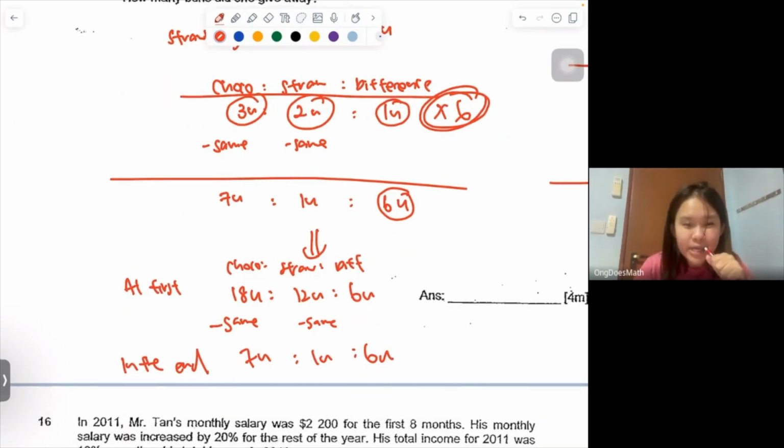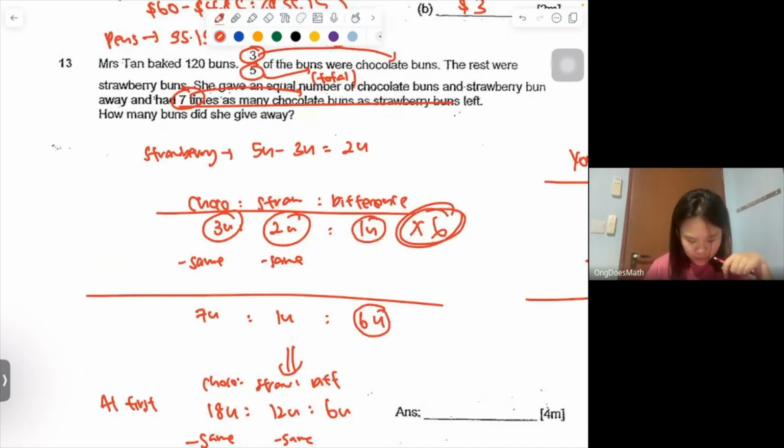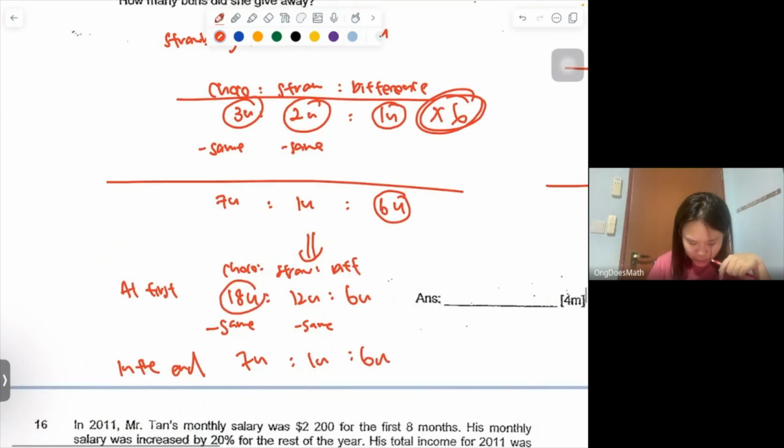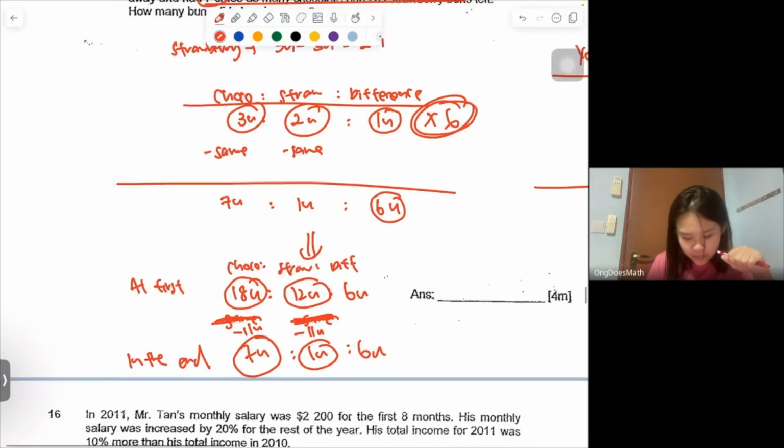So now you can see how much did Mrs. Tan give away. So from 18 units to 7 units, it was simply a subtraction of 11 units, right? From 12 units to 1 unit is also simply a subtraction of 11 units. So you can see that Mrs. Tan actually gave out 11 units of choco buns and 11 units of strawberry buns away.